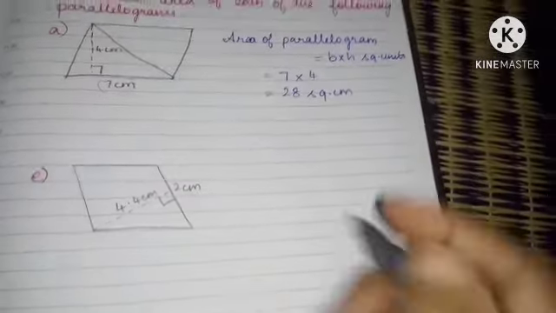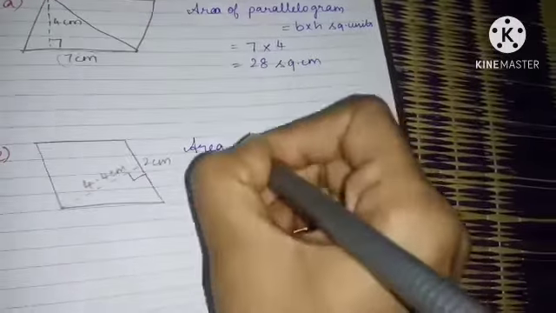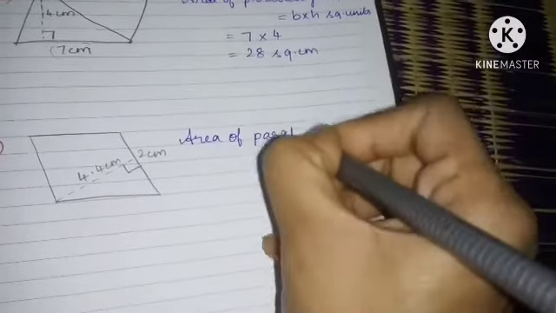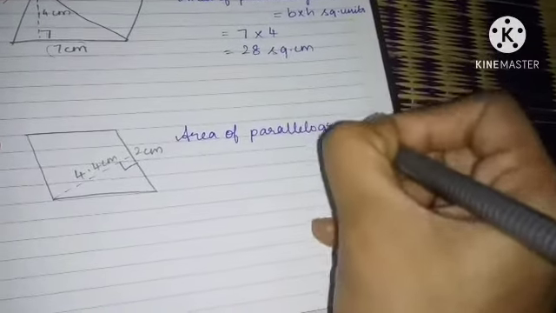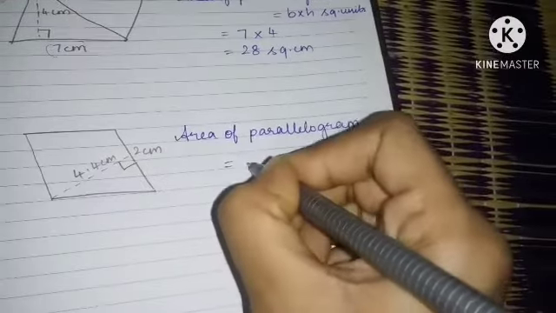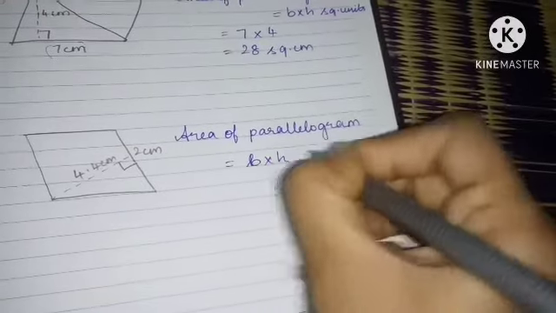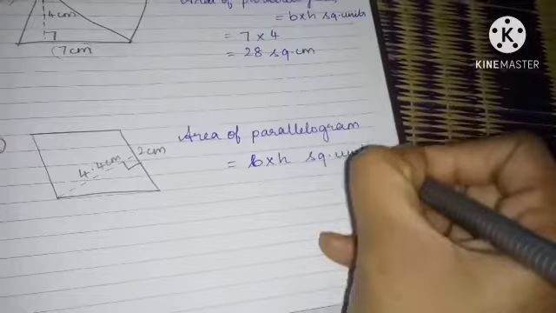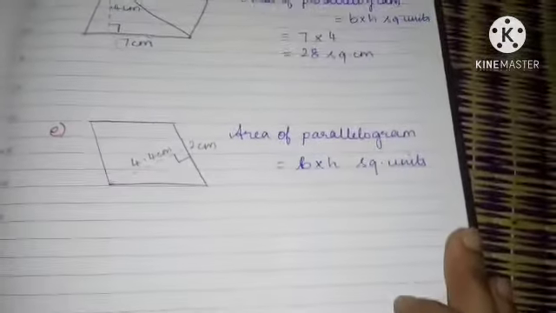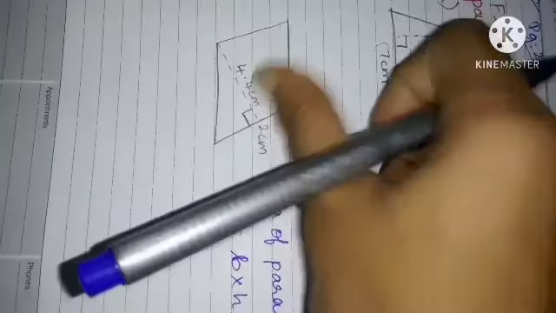Next comes your E problem. Here also we are supposed to find the area of the parallelogram. What is the formula? Base into height square units. So what is the base here, children? You should see it like this. 2 is your base and 4.4 is your height.